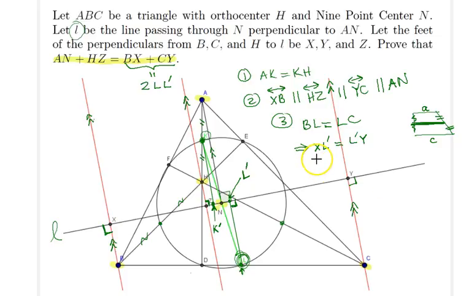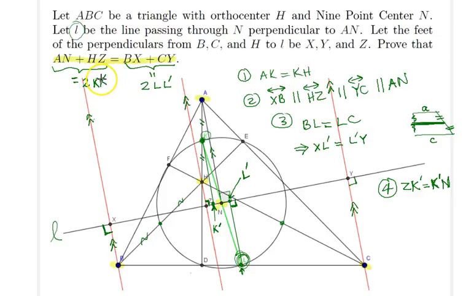So you can say result 4: ZK prime is actually equal to K prime N. But then again, by the same reasoning, because KK prime is a midline of our trapezoid HANZ, it must be that KK prime is half of the sum HZ plus AN. So that sum here is actually equal to 2 times KK prime.